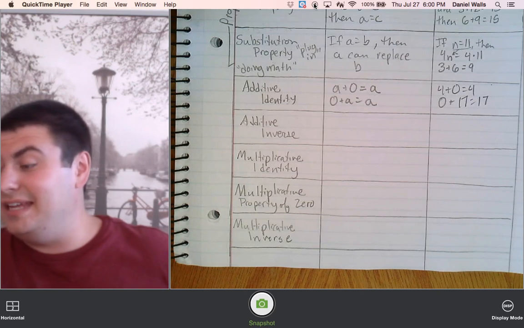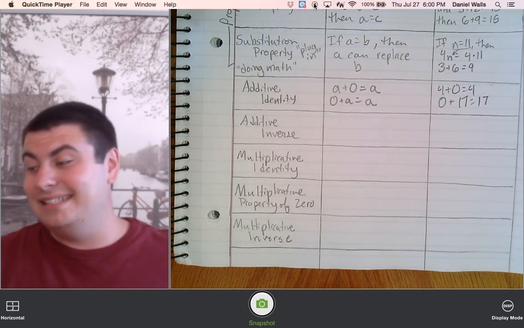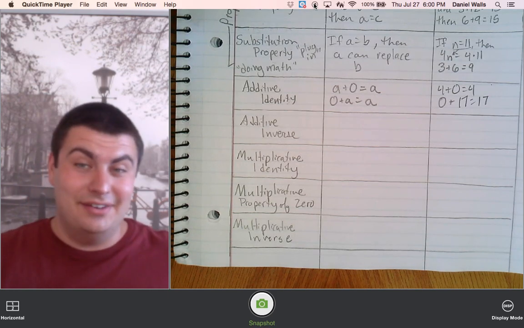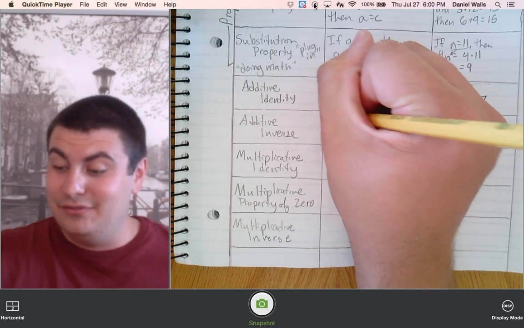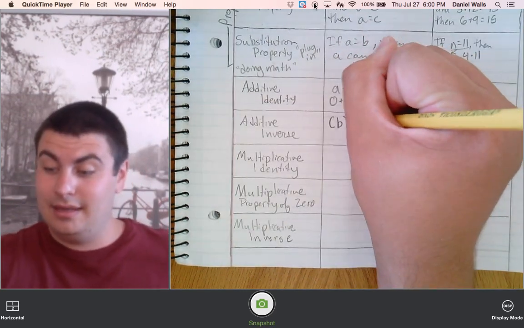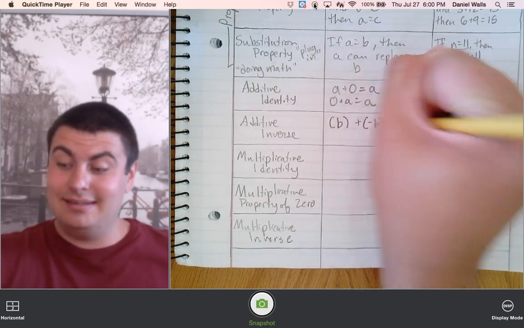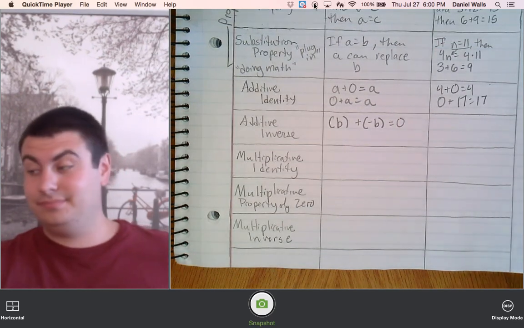The additive inverse says that a number and its opposite are the additive inverses of each other. So a way to visualize this is if we take a number, b, and add its opposite, negative b, we're going to get to 0.